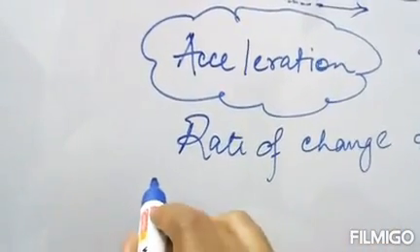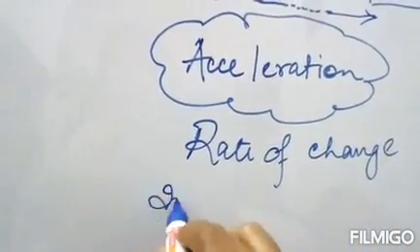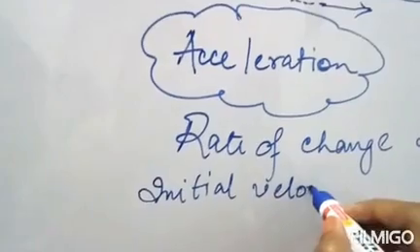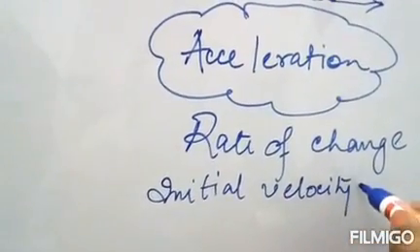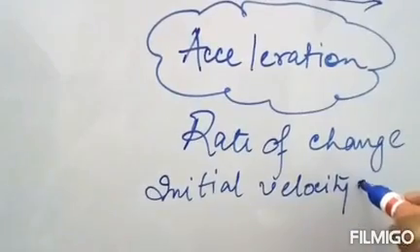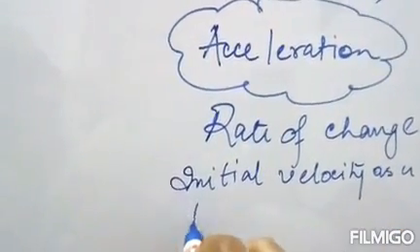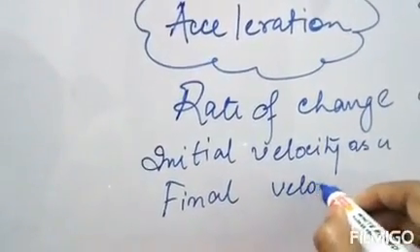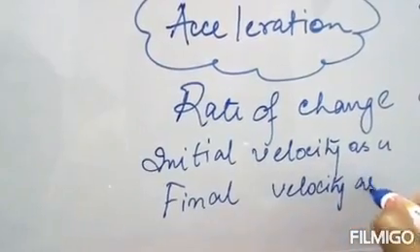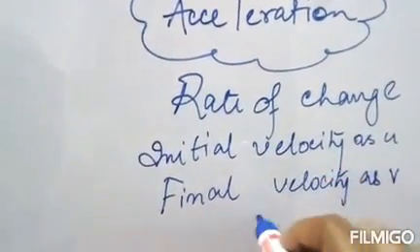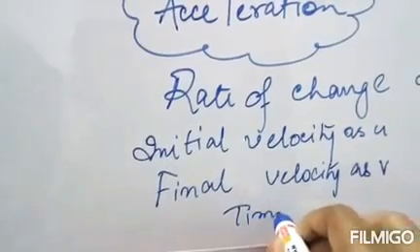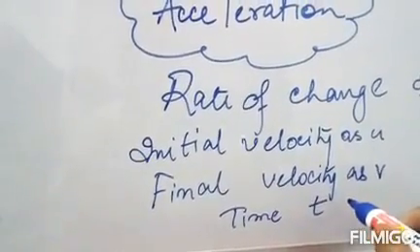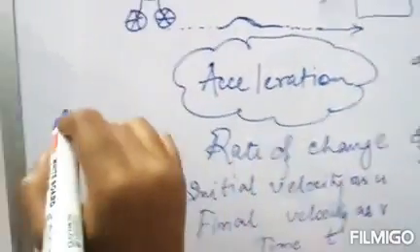So if I take initial velocity of any moving object as u, and final velocity of the moving object as v, and let the time be t, then how do I express this acceleration?